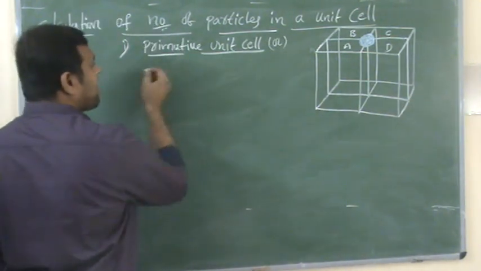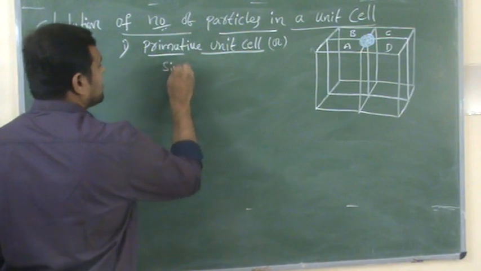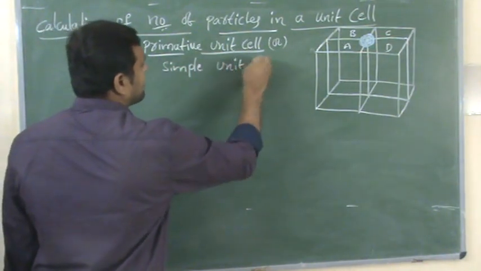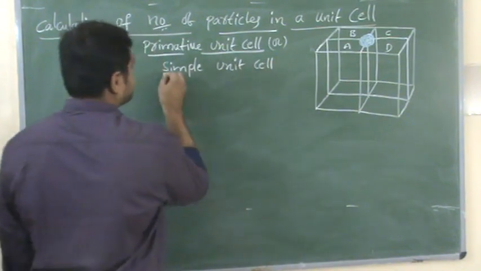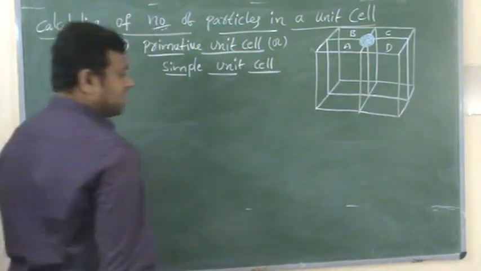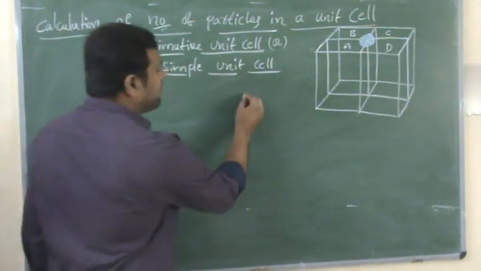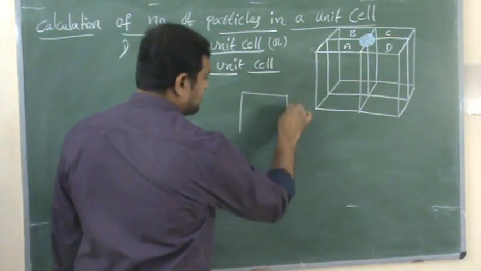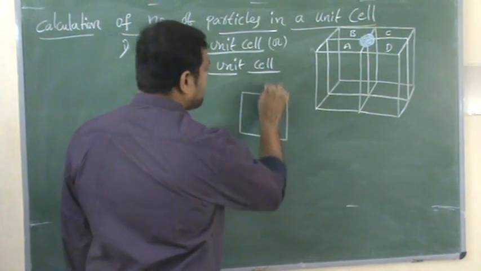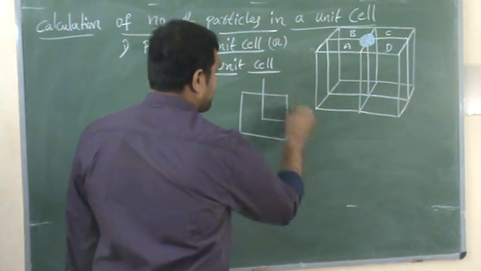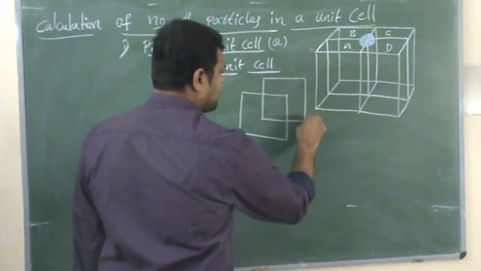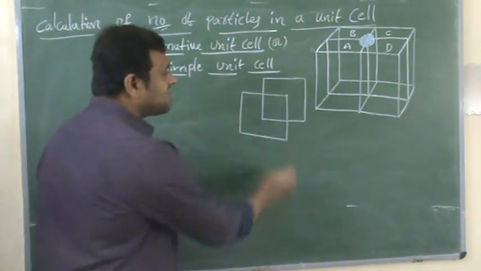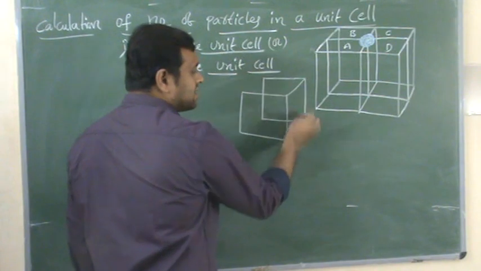Primitive unit cells are simple unit cells. How will a primitive unit cell be? See here. A primitive unit cell is a unit cell which contains particles only at corners.